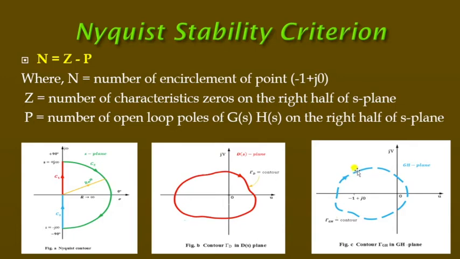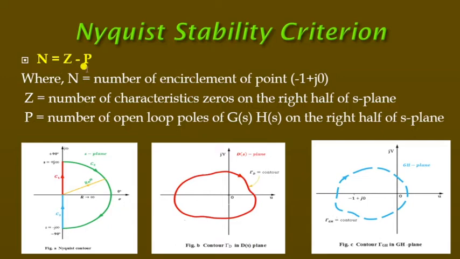For example, when a system has one open loop right half plane pole, that means P equal to 1, and has one counterclockwise encirclement, then N equal to minus 1, and the number of zeros is Z equal to 0.